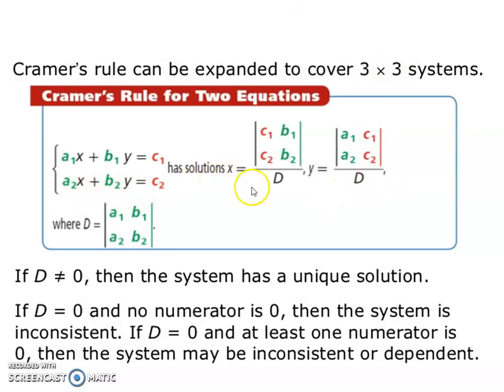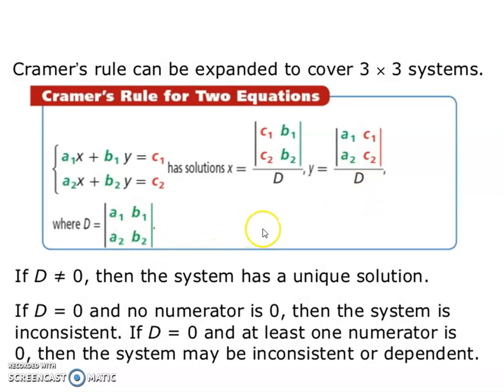For finding x, instead of a1 a2 we put c1 c2, and b1 b2 remain. For d we take a1 b1 a2 and b2. Same trick follows for y, it is dy by d, but instead of b1 b2 we put c1 c2 and a1 a2 remain the same, and d is a1 b1 a2 b2.